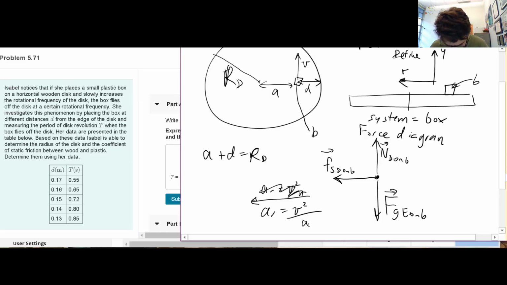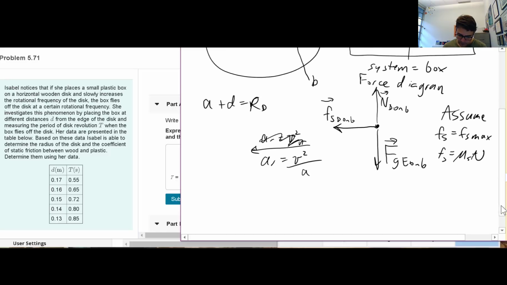You guys following? What we're going to do is assume, since it says it's a limit here, Fs equals Fs max, which is going to be mu sub s times the normal force. And so the sum of the forces in the y direction equals 0. That's equal to normal force minus m times g.